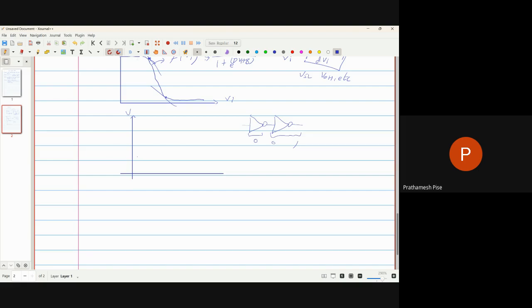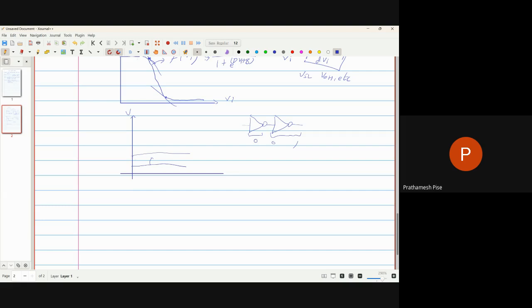The output is somewhere here, low. Suppose what happens is that some noise comes in between and this value changes to some higher value. What we want is that whatever the logic output of this gate, the same logic value should be the input of this other gate.